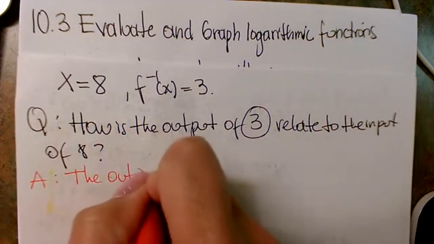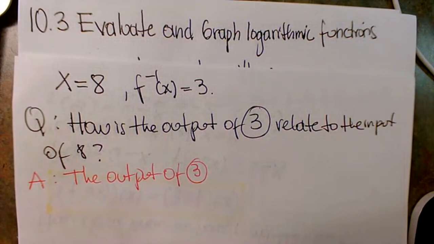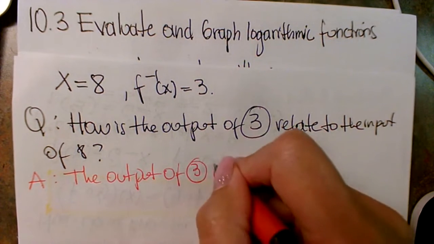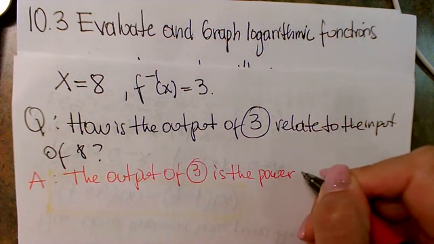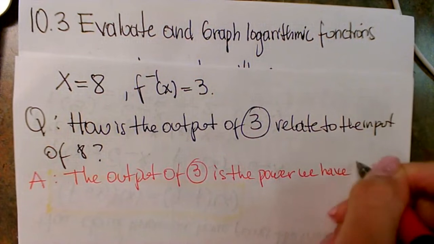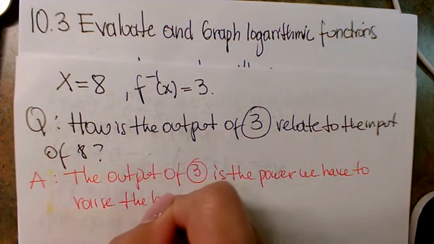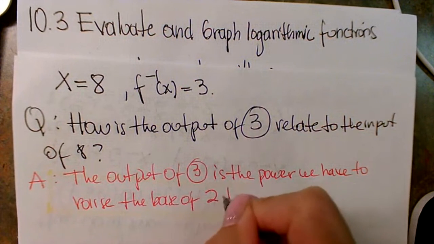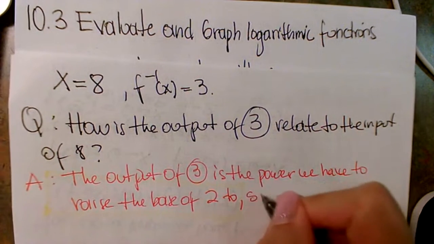The output of 3 is the power that we have to raise the base of 2 to, so that we get the input of 8.